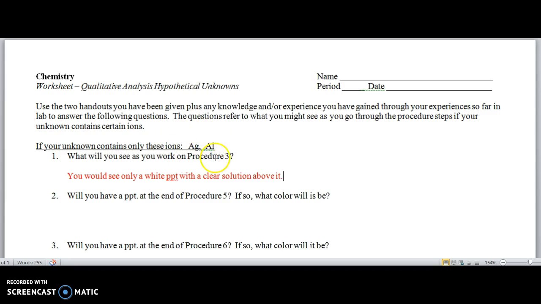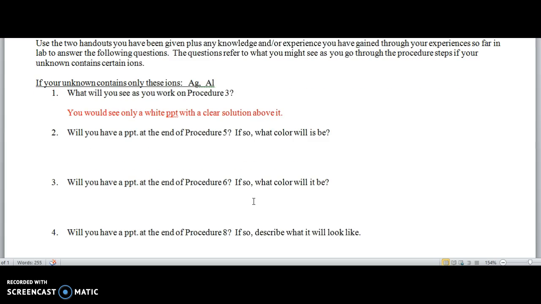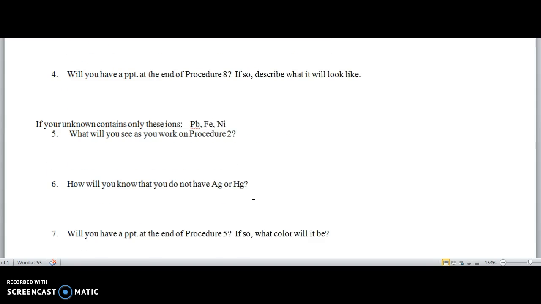So this hypothetical unknown only has silver and aluminum, and it continues to ask you other questions about what you'd see at various procedure steps, if there would be precipitates or not, what colors they might be, and so forth. So there are three different hypothetical unknowns that you're presented with. That's the first one. The second one says if your unknown contains only these ions, Pb, Fe, and Ni.